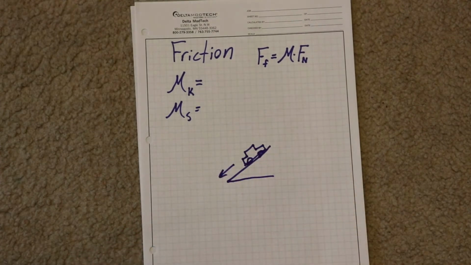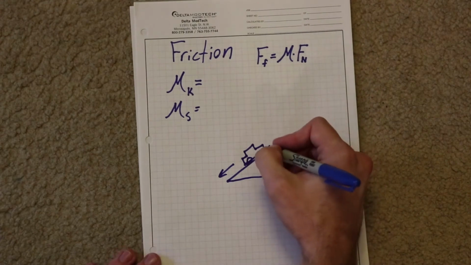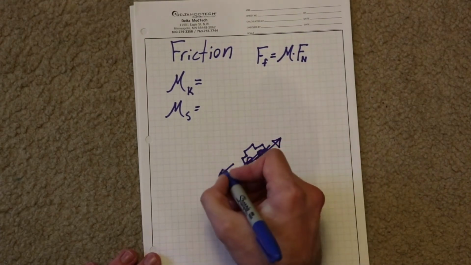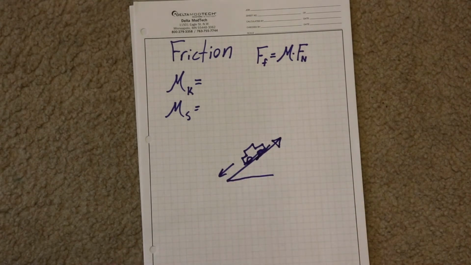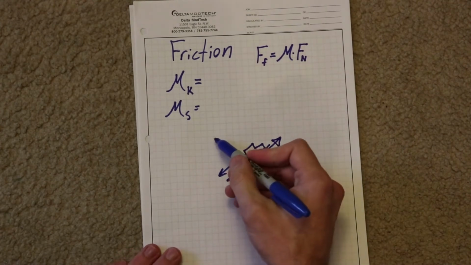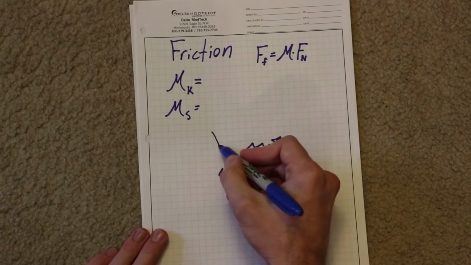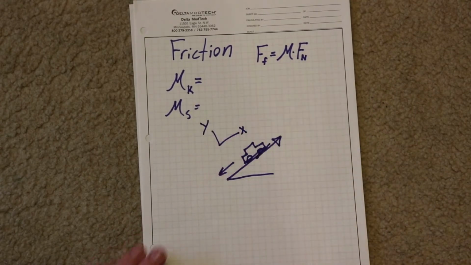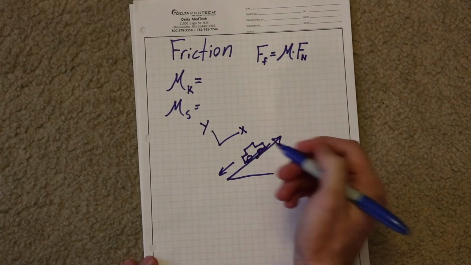But if the car is to stay on the hill without accelerating, it needs a friction force in the opposite direction, the same magnitude as the force down the hill. For simplicity, I usually define the x direction and the y direction in accordance with the incline.